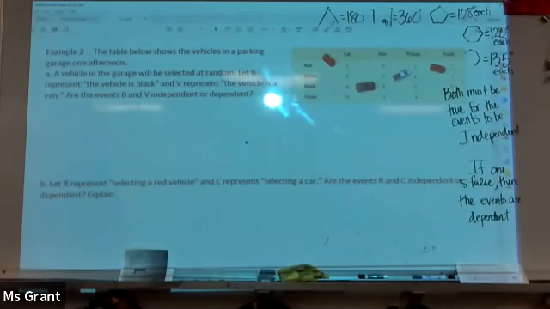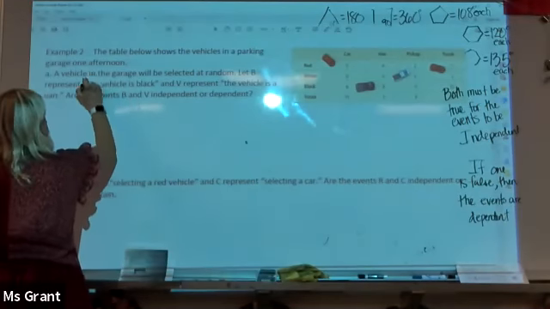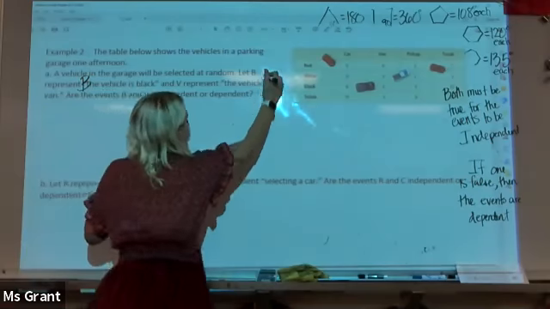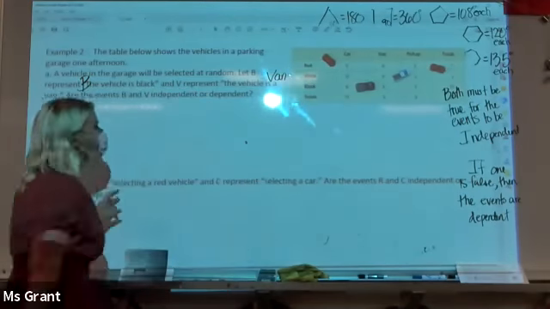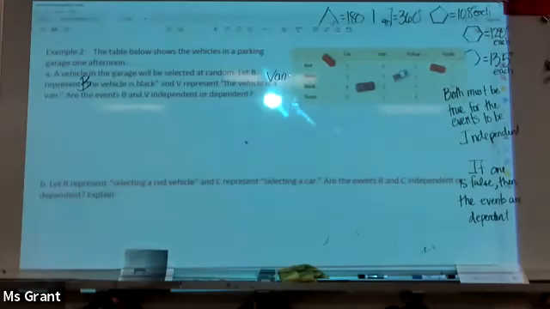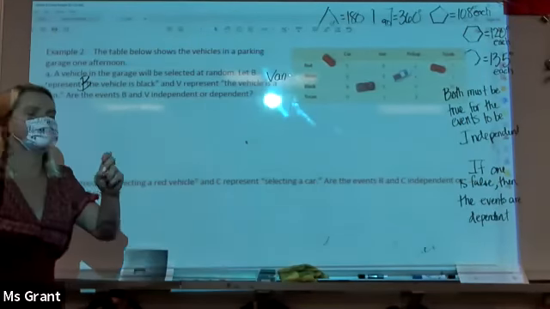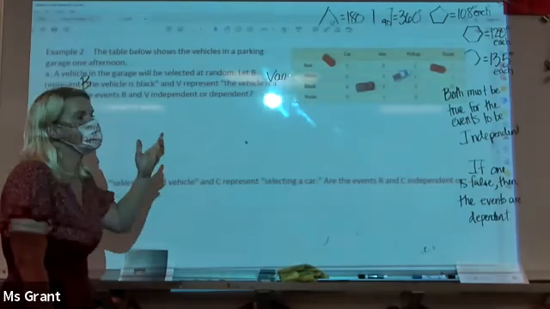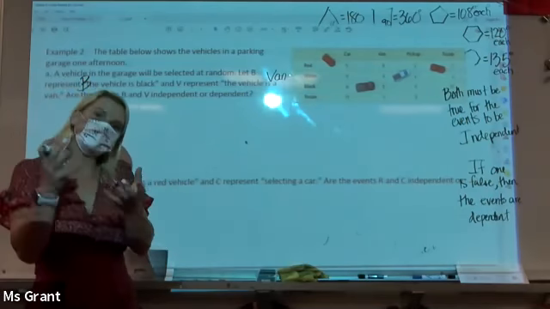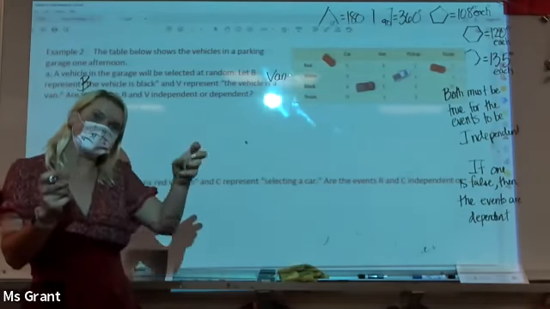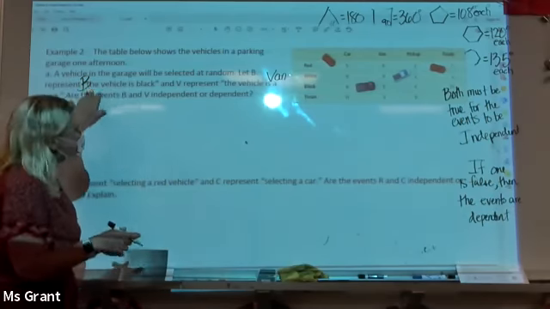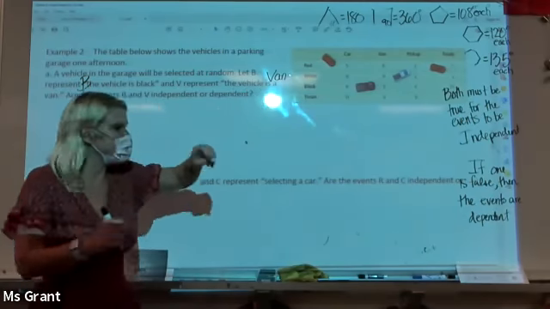Let B represent that the vehicle is black. Let V represent that the vehicle is a van. B and V. Great. Are they independent or dependent? So I'm doing the same thing as I did in the problem above. I need to find the probability of B given V, and V given B.